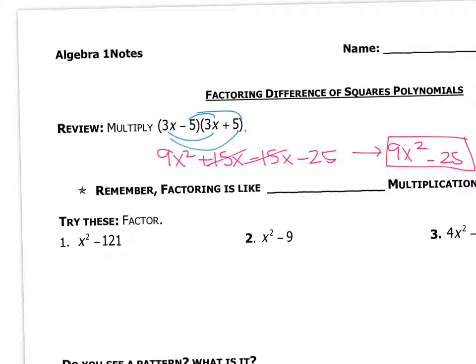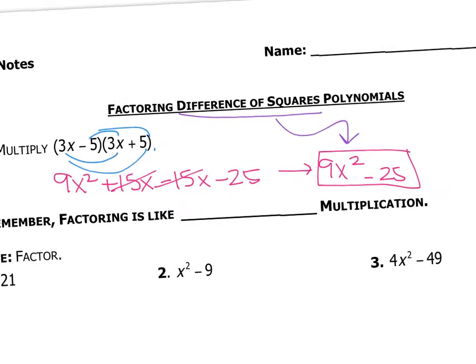Okay? When we multiply binomials that are in that kind of form where they're basically the same, just one's a minus, one's a plus, they form what we call a difference of squares. So let's talk about what that means for a second. When you hear the word difference, what does that make you think of? Two opposites. What operation?